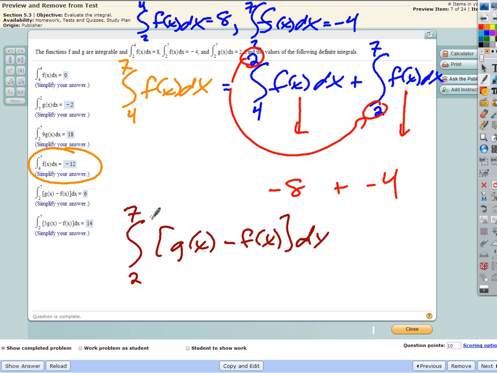It would be 2 minus -4, so it'd be 6. And then if I multiply a 5 by the g of x, I'm just multiplying that area by 5, right? Okay.